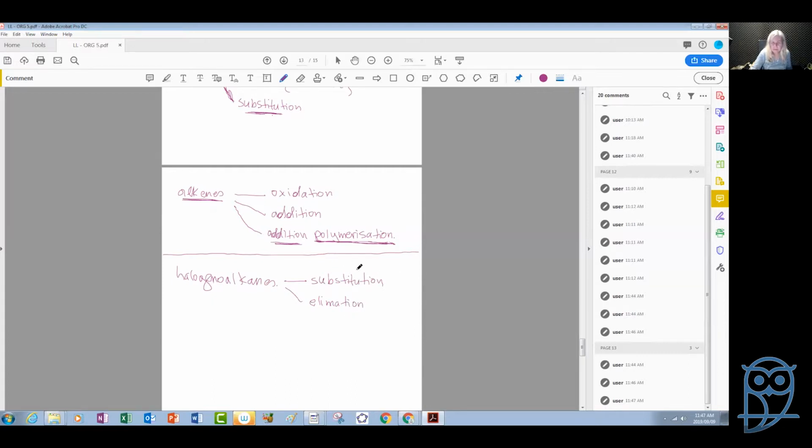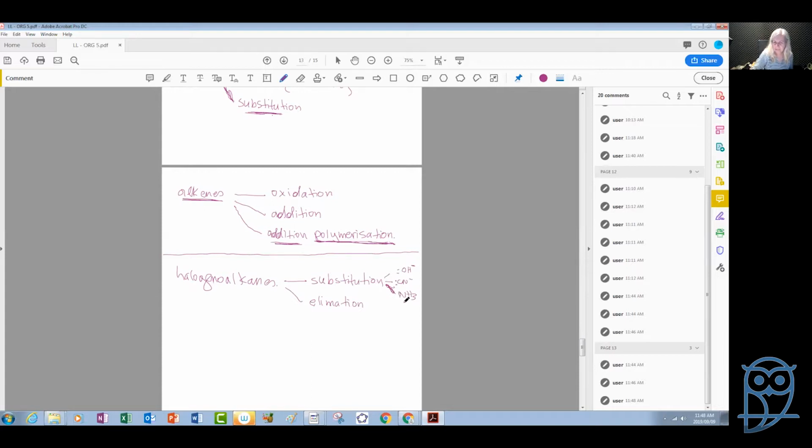For substitution, we have done all the substitution possibilities of halogen alkanes, which can react either with the hydroxide ion or the cyanide, and also, apart from these negatively charged groups, they can also react with molecules like an ammonia molecule, and we discussed how this substitution reaction takes place.